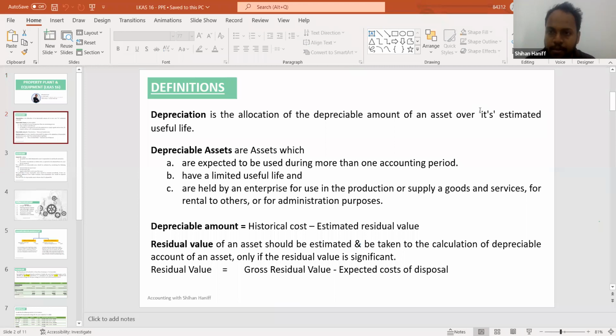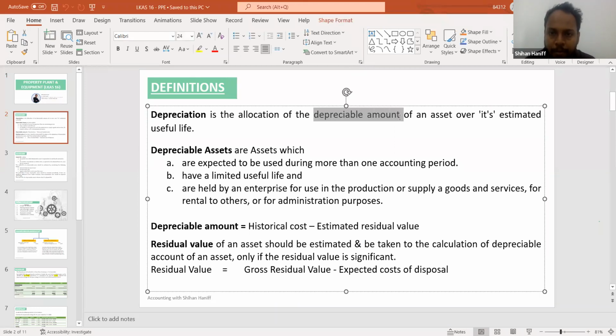Depreciation means the allocation of the depreciable amount of an asset over its estimated useful life. That is called depreciation. When we are purchasing an asset, we don't consider that asset as an expense, right? So this is a way of distributing the expense along the useful lifetime.